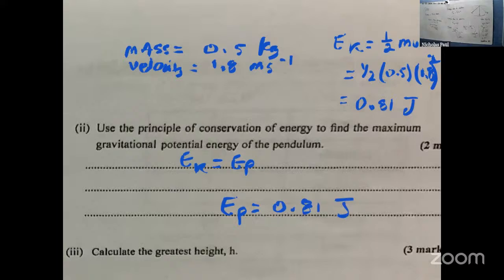Now use the math skills. If the largest potential energy is 0.81, find the height, the greatest height. Use the formula, rearrange it properly, let's see what you get.